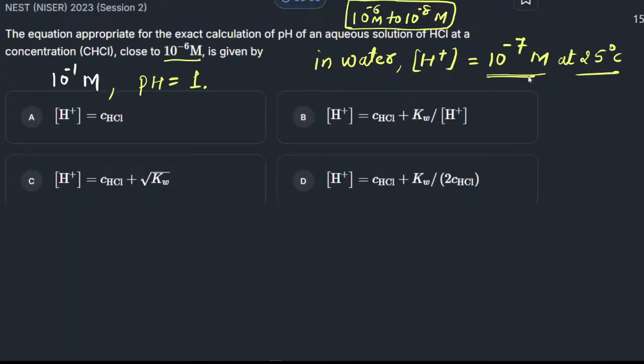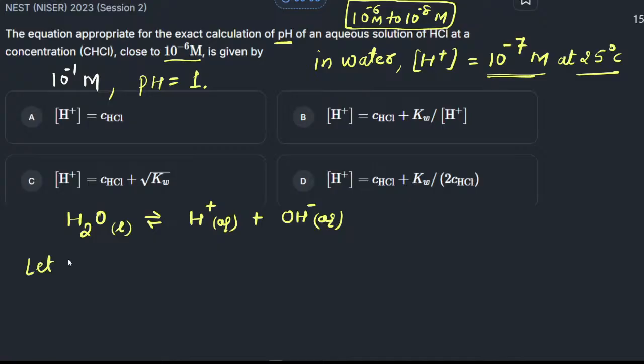So now we have to calculate the H plus ion concentration for the exact calculation of the pH of an aqueous solution of HCl. Now from water we have H plus ion and OH negative ion.